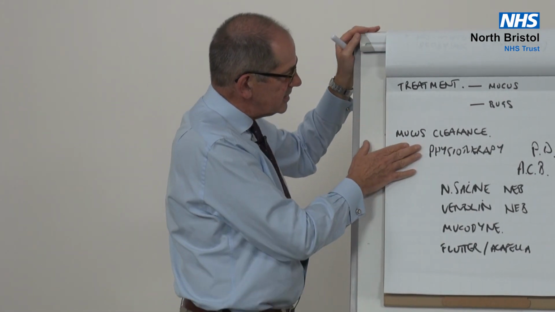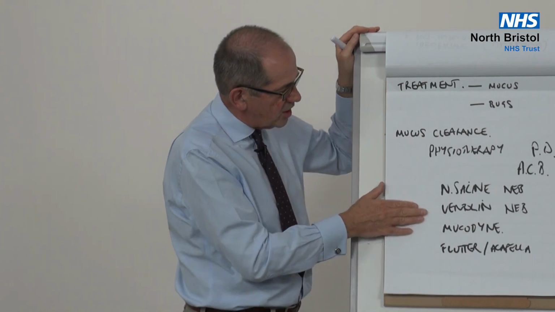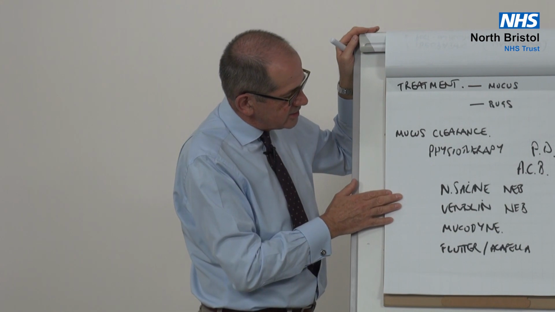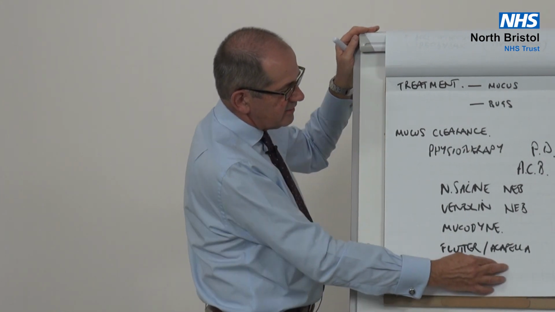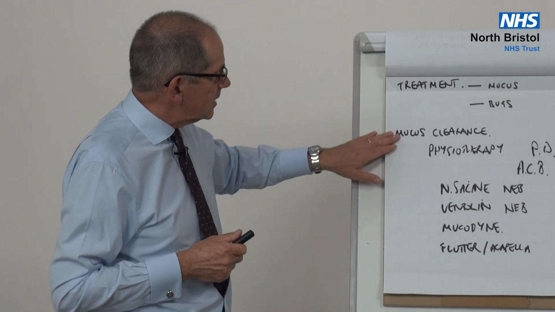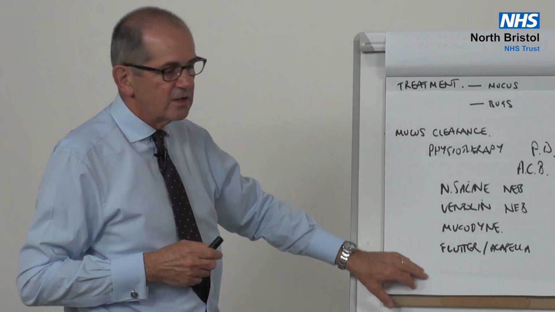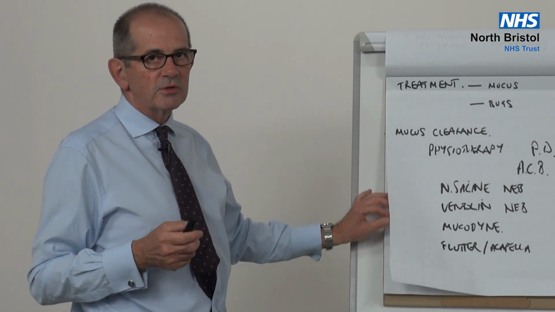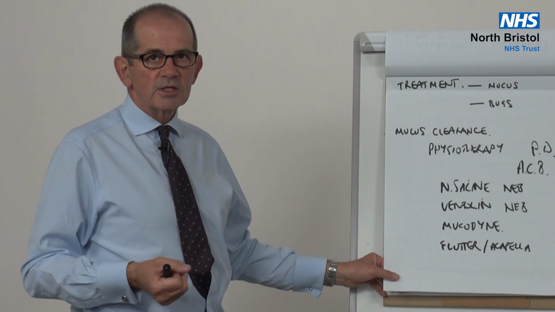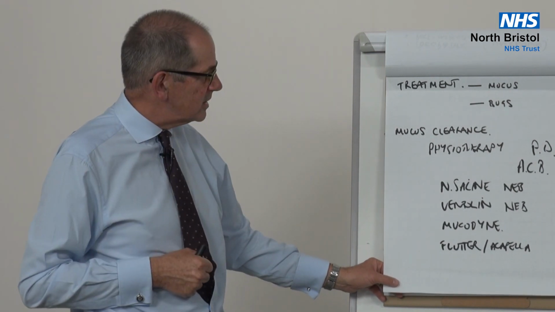So there's basic physiotherapy. There are a few drugs or physical therapies that we can apply to the airways, and there are the devices like the flutter valve or the a cappella, both of which help clear the sputum. So sputum clearance is the main treatment for bronchiectasis, and anybody who's got bronchiectasis who coughs up phlegm on a daily basis should be doing some targeted physiotherapy on a regular basis.